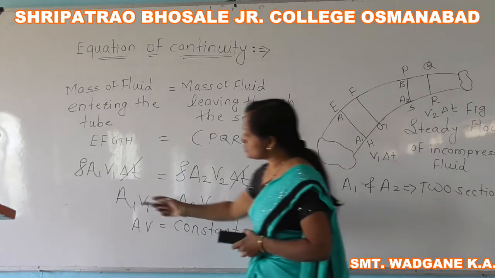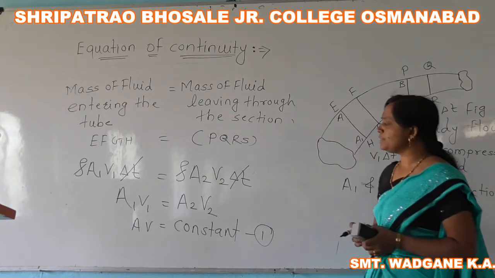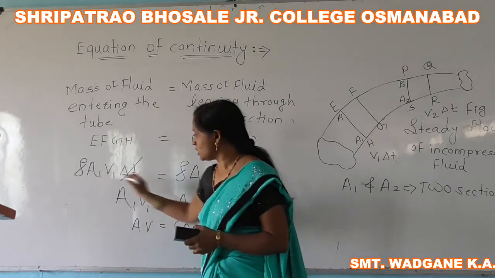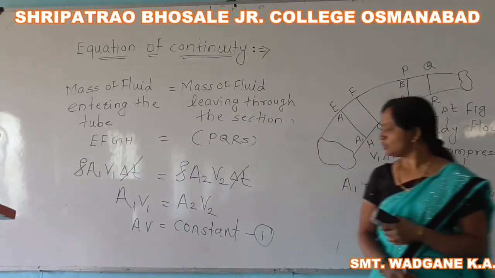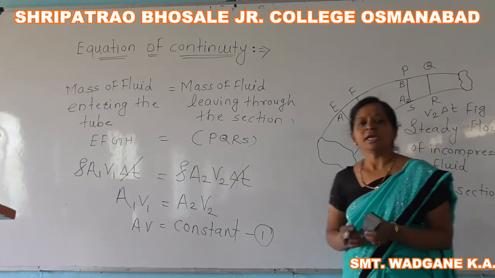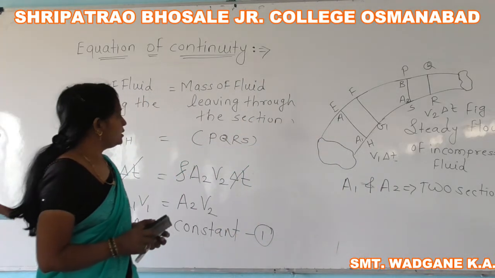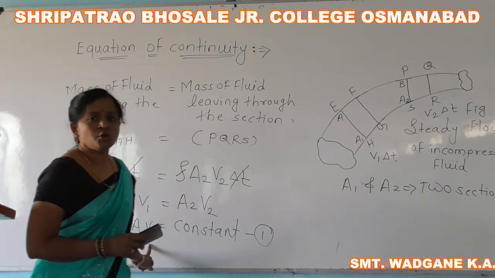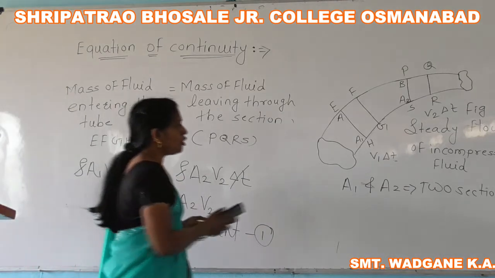By cancelling rho and delta t on both sides, the remaining terms are A1 V1 and A2 V2, that is AV equals constant. In equation 1, AV means the volume rate of flow of fluid.